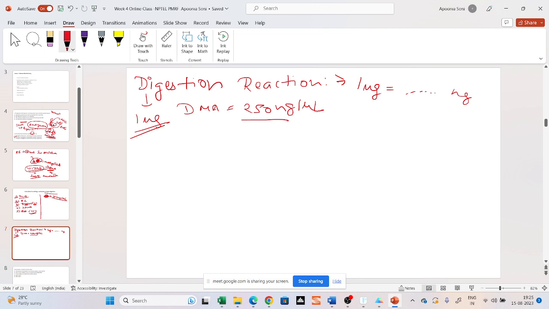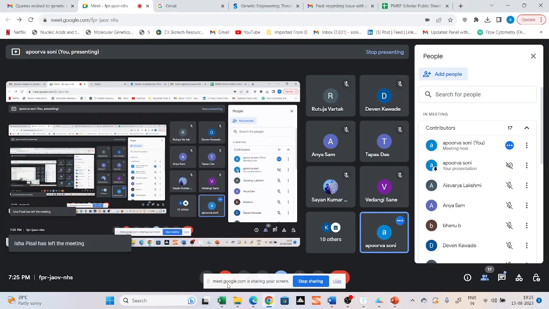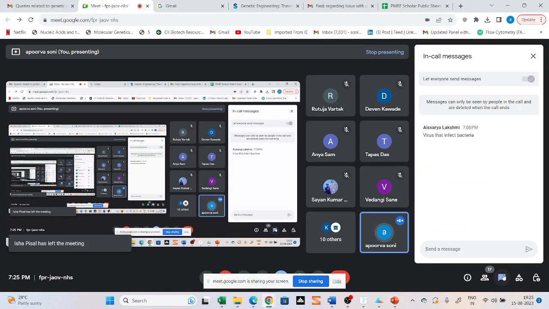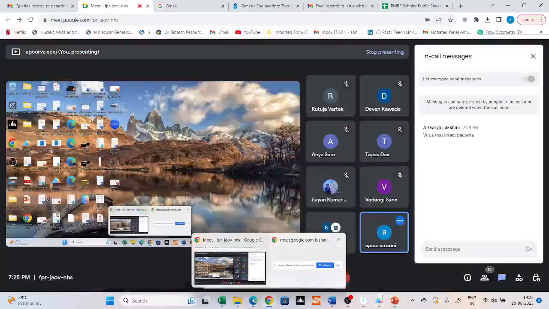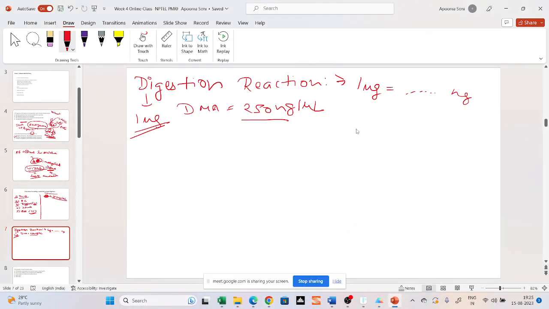Basic calculation? 1 microgram is how many nanograms? Nobody knows here. Okay. So 1 microgram is 1000 nanograms.